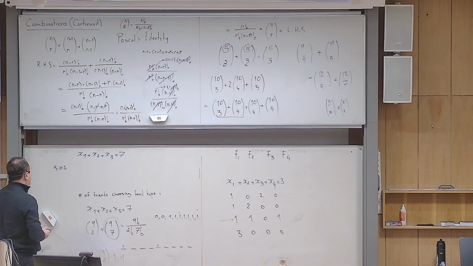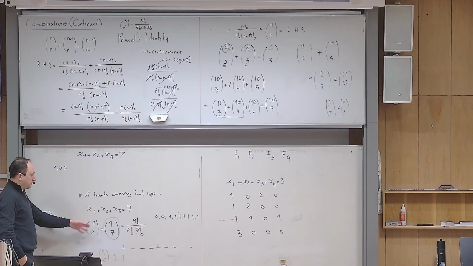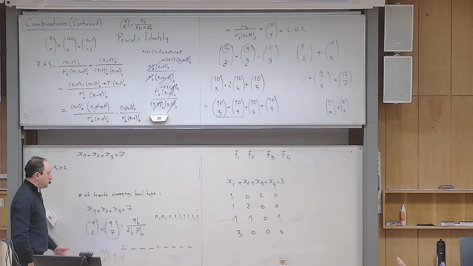And then I ask you how many solutions there are. So it means that I am not allowed to choose 0 for x1. Then how can I solve the problem? In this problem that we solved, we were allowed to use 0 for any of these variables if we want to.